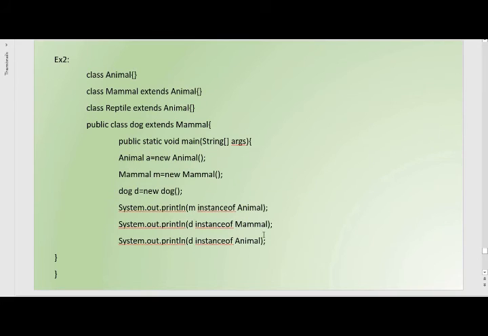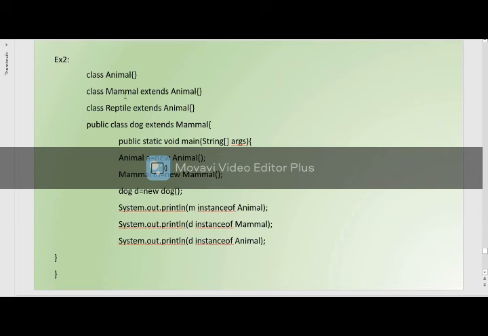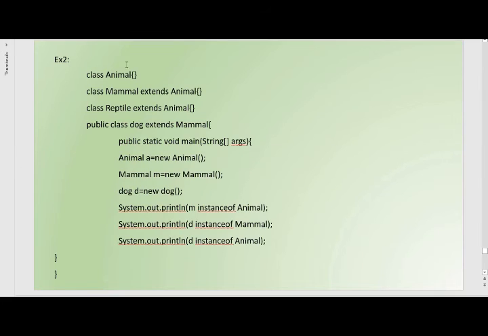It is true. After that, D instanceof animal. Is it correct or not? It is correct because dog class extends the mammal class and mammal class extends the animal class. These three statements are true.